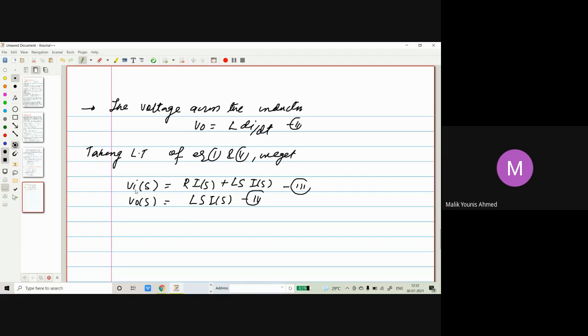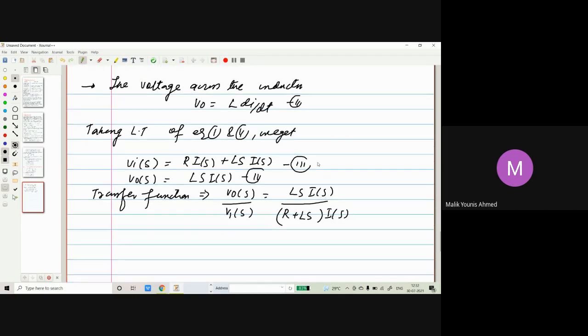So what is the definition of the transfer function? The transfer function will be output, that is V naught of S, the Laplace transform of output, divided by input. The input is the voltage. Output is Ls I of S. For input, we can take I of S common, so that will be R plus Ls times I of S. So I of S gets cancelled.